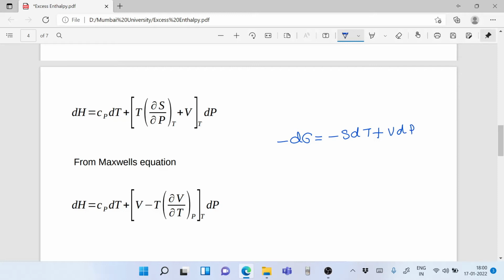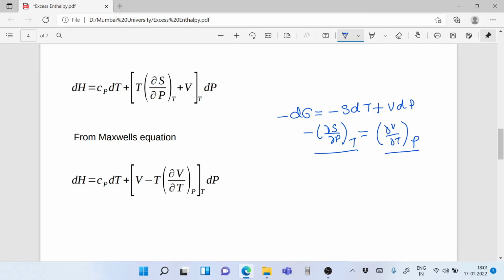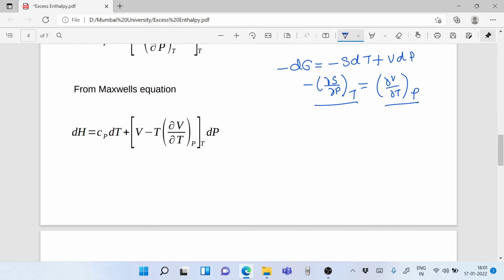Now, if this equation is exact, which we take, then from Maxwell's equations, we get minus dou S by dou P at constant temperature T is equal to dou V by dou T at constant pressure P. Now we replace this and we get the following equation. So this is the idea behind Maxwell's equation, and we replace it and we get V minus T dou V by dou T at P, dP.